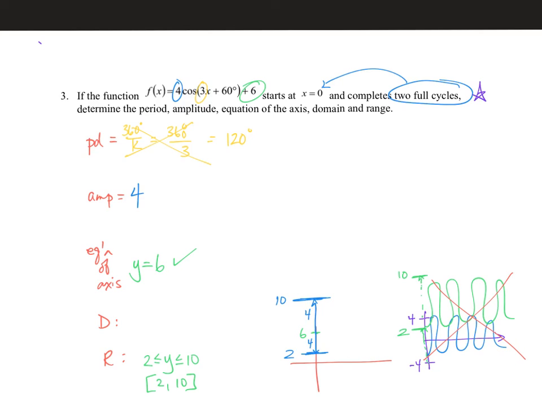We've been told in the function we start at x equals 0. So the nice easy thing is I know that my x has to start at 0. But where does it end? Well, my 2 full cycles depend on how long it takes to complete a cycle. Since it only takes 120 degrees to complete that cycle, 2 full cycles is going to take 240 degrees to complete.